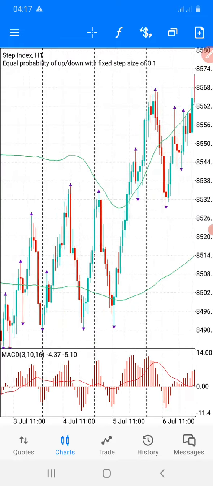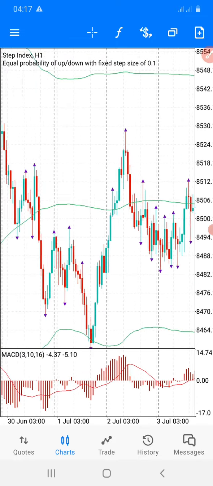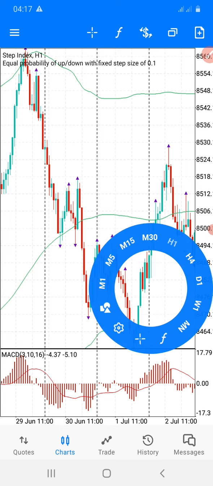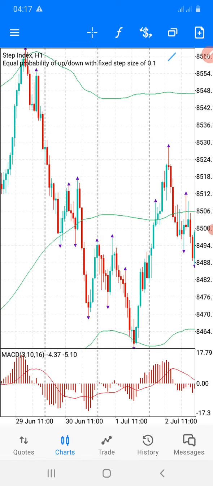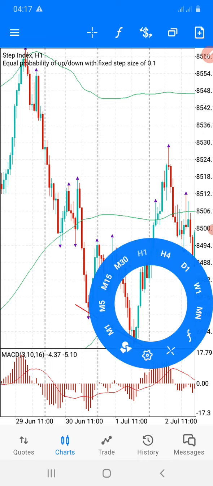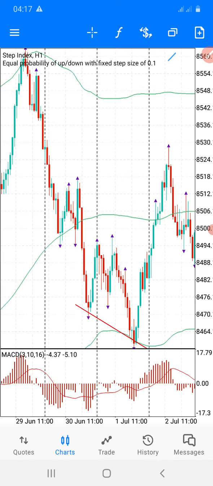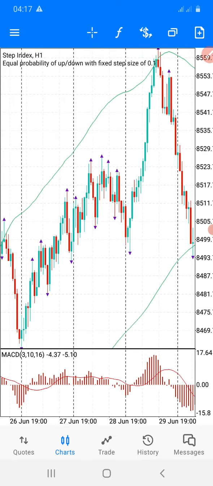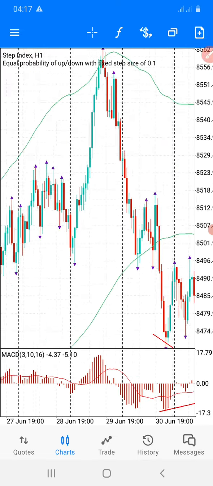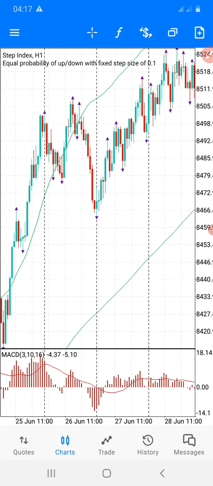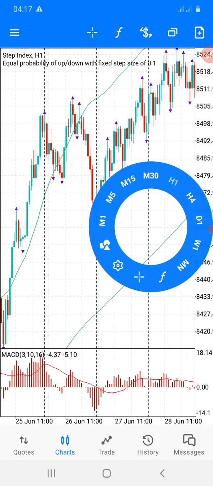So we keep moving. We have another one here, a lower low. By looking at our indicator, it is making a higher low. So these things are happening now and here. They are all over the market.